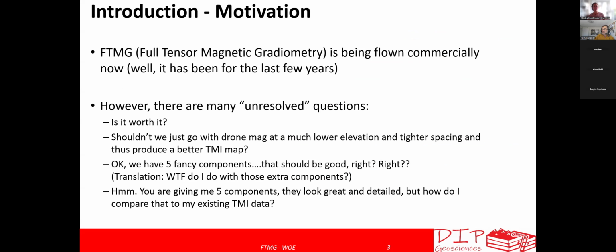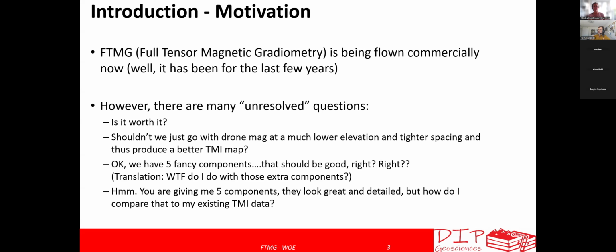So in short, full tensor magnetic radiometry has been flown commercially for quite a while. There are still some unresolved questions. Many people are still wondering, is it worth it? It's definitely more expensive than flying regular total field. And so the question remains, shouldn't we just go with a drone system instead?